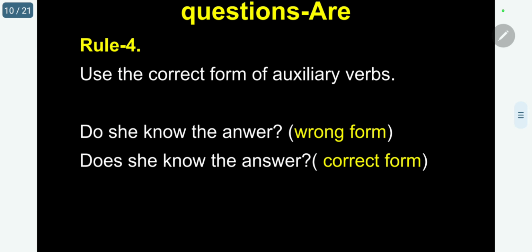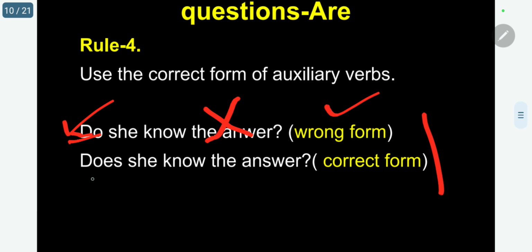Rule 4: Use the correct form of the auxiliary verb. We have already informed you. For example, I am giving two types, one wrong and one correct. Do she know the answer? Do is a plural verb and she is third person singular, so they will not match. This is wrong. What is the correct way to raise the question?